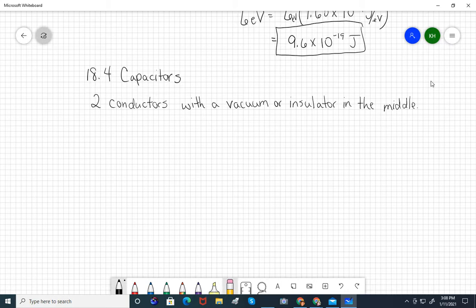Now we could make those of any shape, but by far the most popular design for a capacitor is two parallel plates. We've already been talking a lot about parallel plates. So you have one conductor. We're going to connect a lead to it, a piece of wire. Underneath it, you're going to have a second conductor.